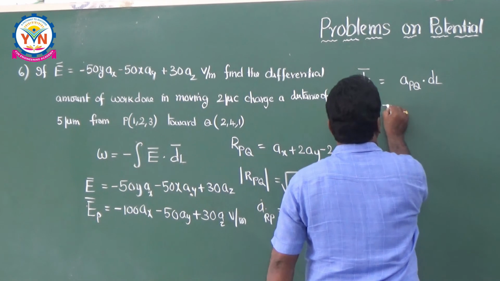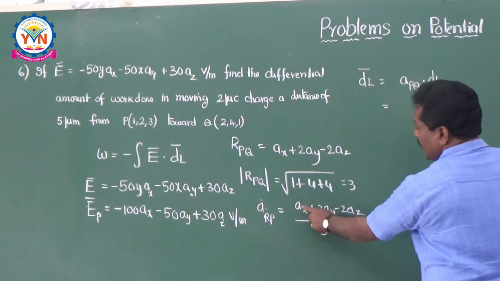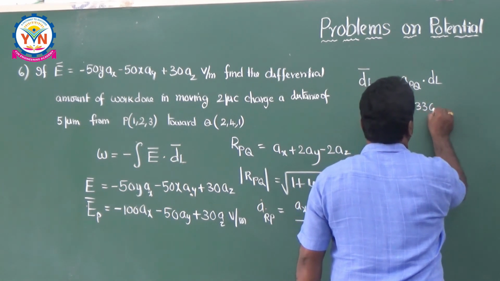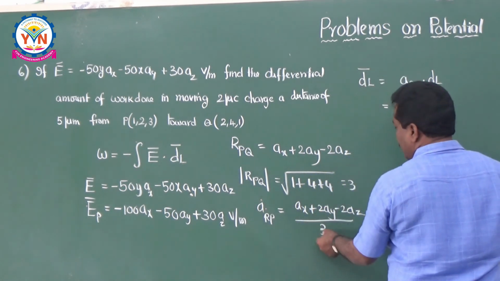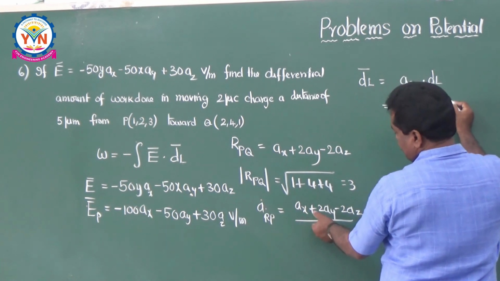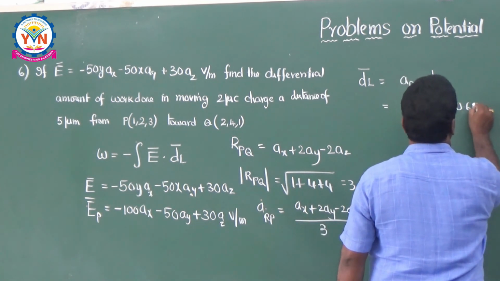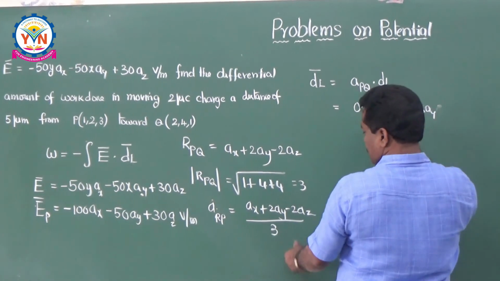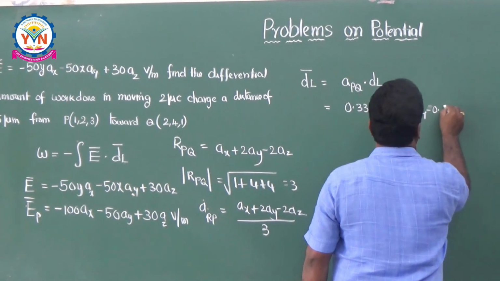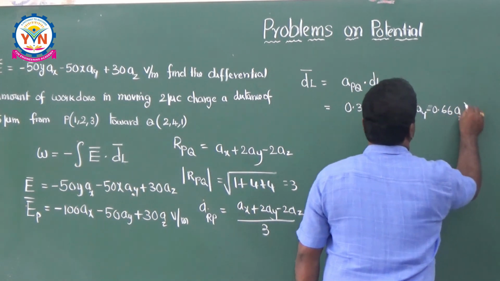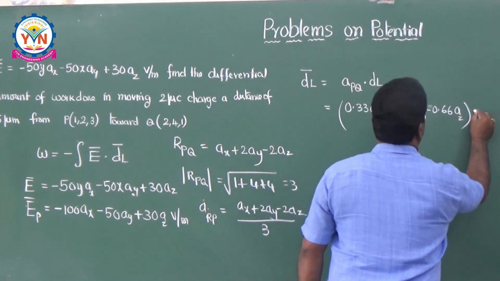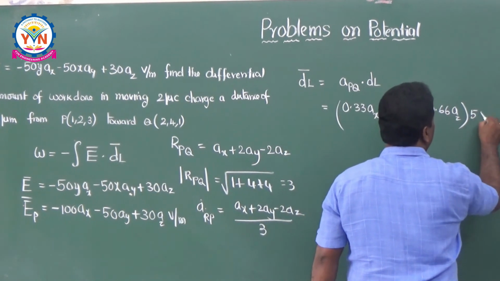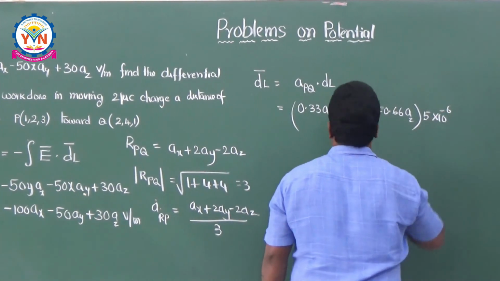So this is equal to, I can say 1 by 3 means 0.33 AX, 2 by 3, so this is 0.66 AY minus 0.66 AZ, into 5 micrometers, because the distance is given, 5 into micro, 10 to the power of minus 6.